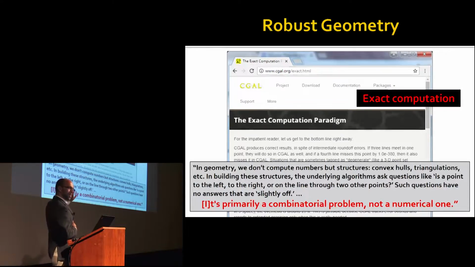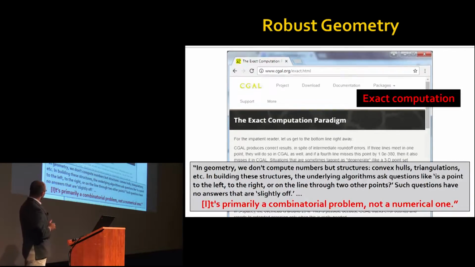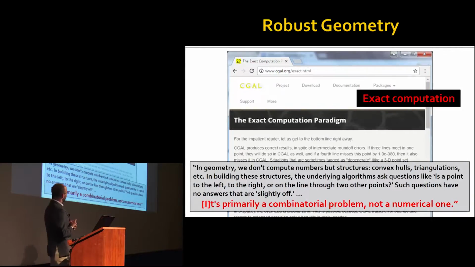They're analogous to what I've already shown you here. In particular, what they tell us is that in geometry, we're not just computing numbers like radius or perimeter, but we're really computing structures: holes, triangulations, shapes, and so on.